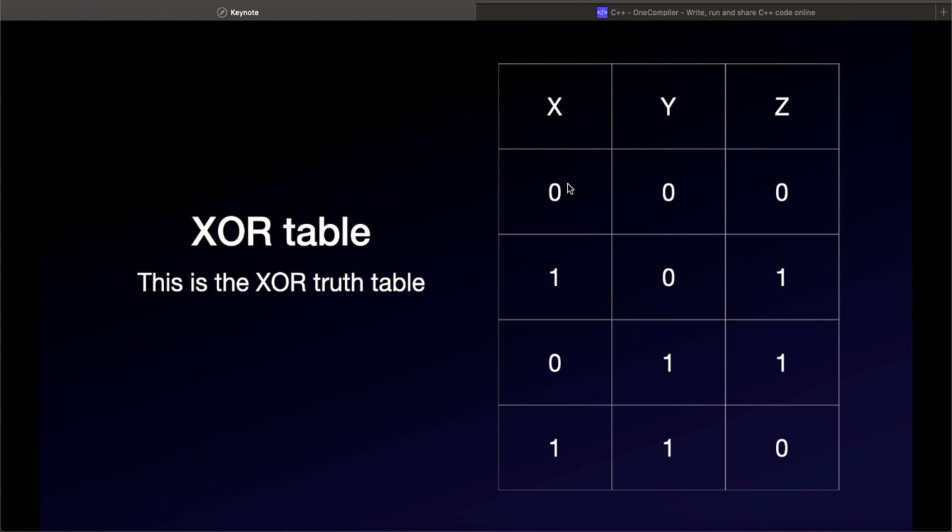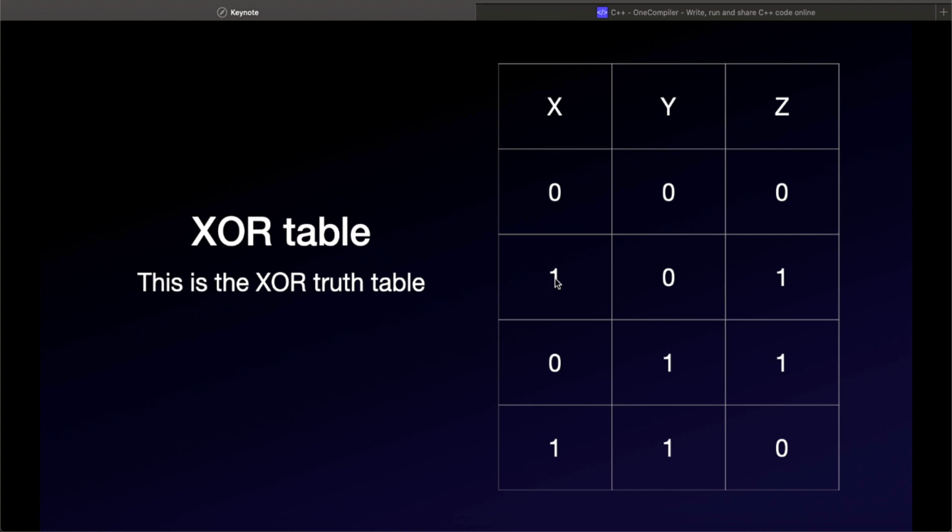So in the first case we have x and y, they're both 0, so XOR gives a 0 because there is no true in here. XOR says that if both of the inputs are the same, I'm going to give you a false. So there we go, we have a 0 as the answer.